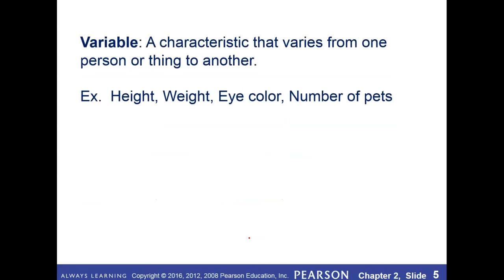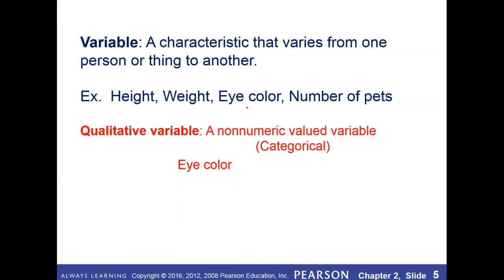And we want to start by just talking about what a variable is, a characteristic that varies from one person or thing to another. So it could be somebody's height, it could be their weight, their eye color, their number of pets. Anything that is different from one person to another would be a variable. And so variables can be broken into 2 different categories.